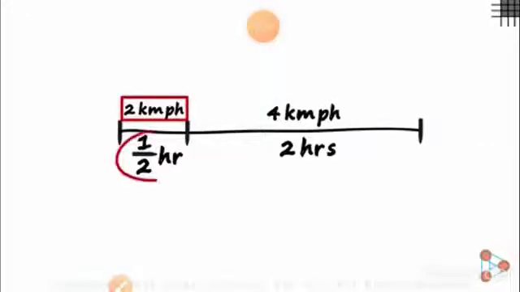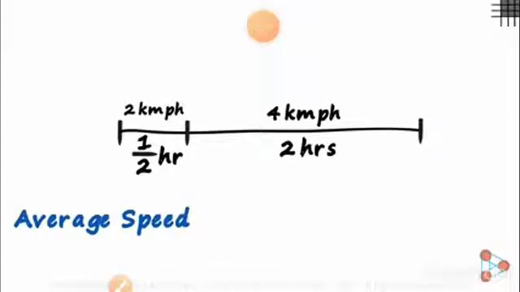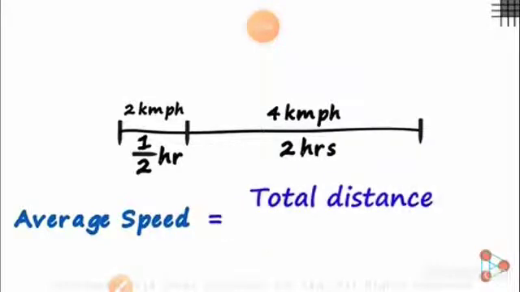Here a man is traveling half an hour at 2 kilometers per hour, and then 2 hours at 4 kilometers per hour. So we have to calculate the average speed. But distance is not given. Time has been shown here and the speed also, but distance is not shown.